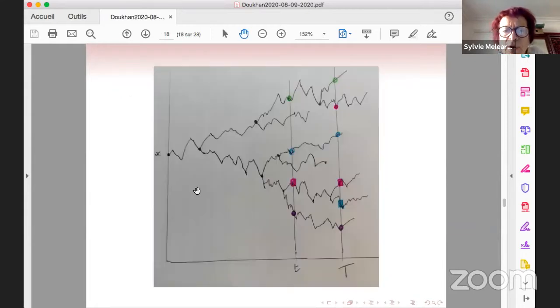Sorry for the very naive picture, but it's my branching diffusion process. So it is issued from one individual with trait x. And so you have a branching diffusion from this individual until a point.